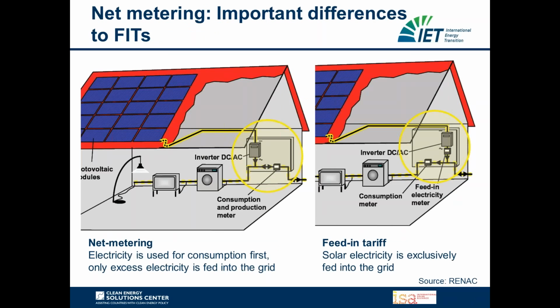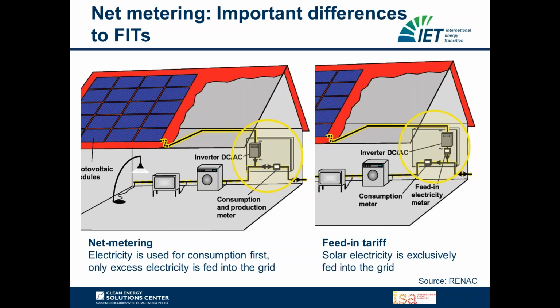Just to get the major difference between net metering and feed-in tariffs right: in the purest form, a feed-in tariff would result in a situation where you export all your electricity to the grid. This was the case, for instance, in Spain in the early 2000s, when the feed-in tariff was adopted.